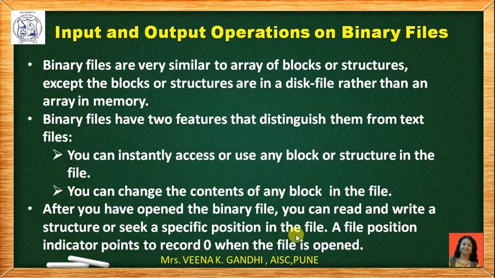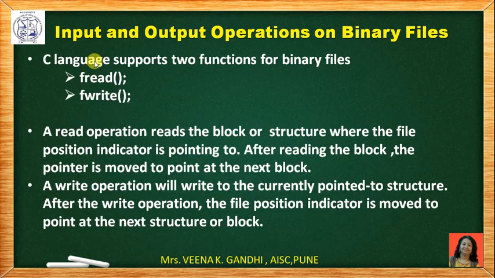in the file. A file pointer points to record 0 or byte 0 when the file is open. When you open the file, we use the fopen function, but in the mode you specify rb, read mode, and add the b for binary file. The C language supports two functions for binary files: the fread function and the fwrite function.